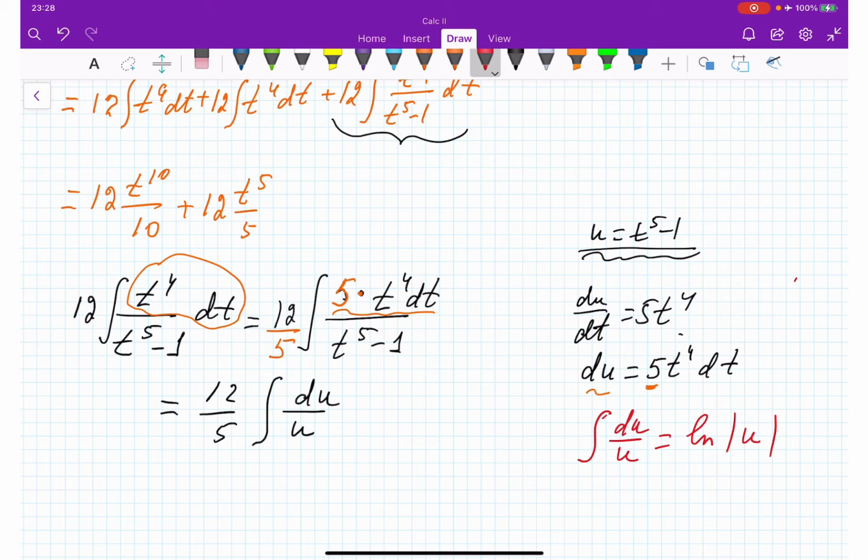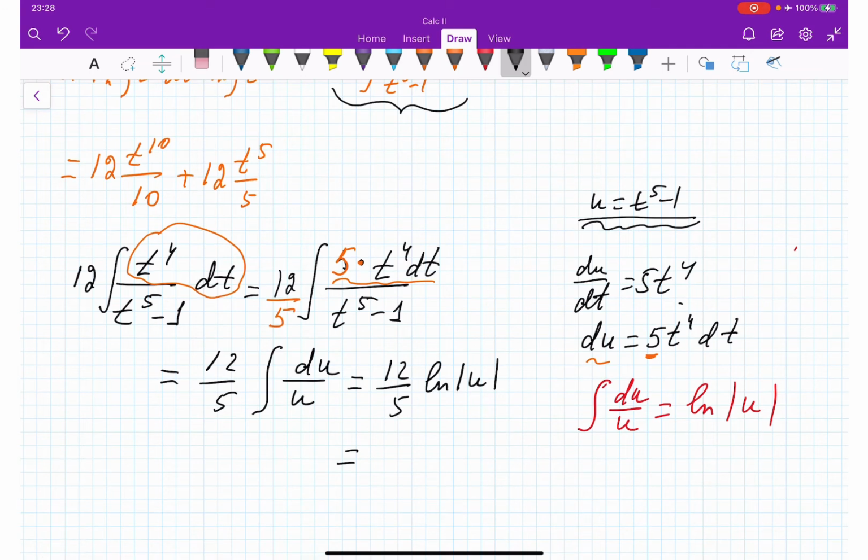So here we are going to have 12 over 5 natural logarithm of u, which is going to be equal, plugging back our t to 5 minus 1, 12 over 5 natural logarithm of t to 5 minus 1.